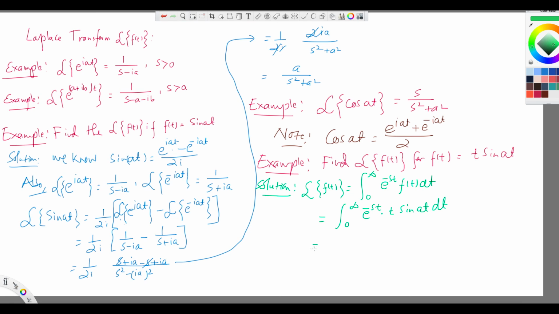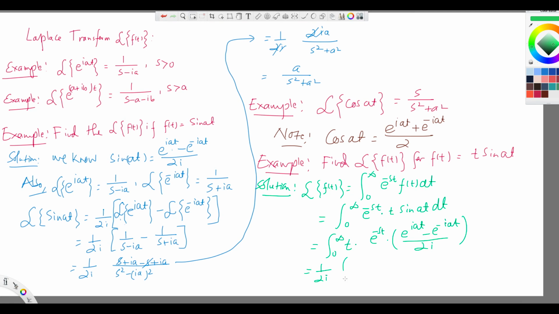Now what I'm trying to do here is 0 to infinity, t is there, e to the negative st, right? And let me plug in the value of sine at. Sine at is e to the positive iat minus e to the negative iat divided by 2i, right? I'm using exactly the same formula. Now I want to pull that 2i out, so you will get 1 over 2i.